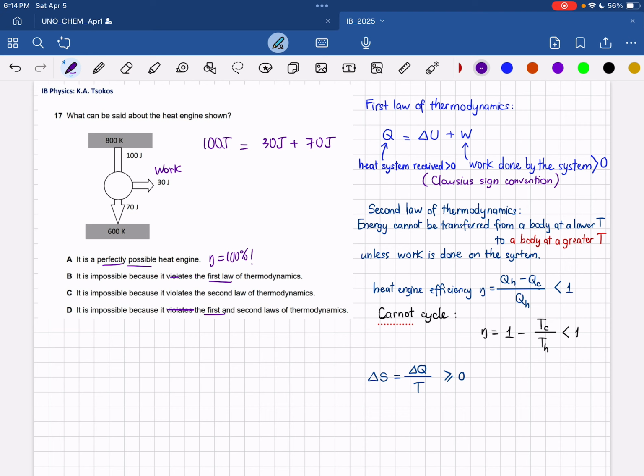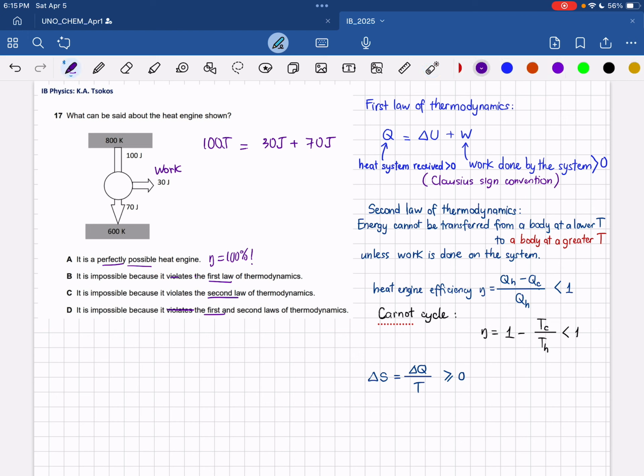Now let's have another look at the second law. Does it violate the second law? We can say that we have a hot source here, and this is a cold reservoir. This is higher than this one, so it seems like it should be correct, right?